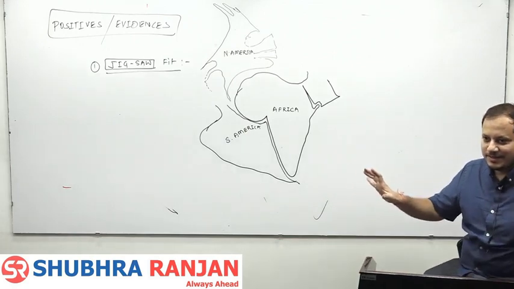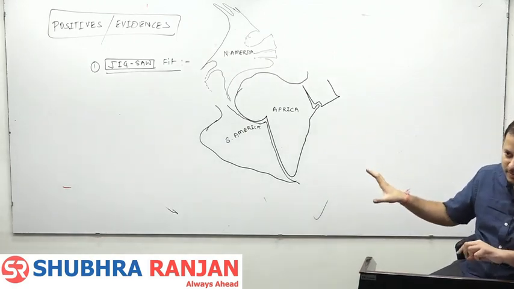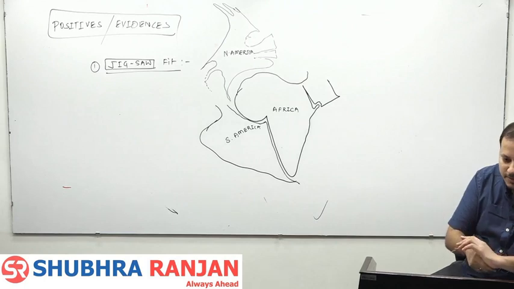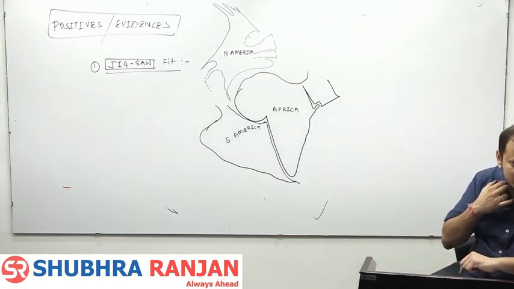North America, Africa, South America, this all were once together. इसलिए ऐसा shape है North America का.